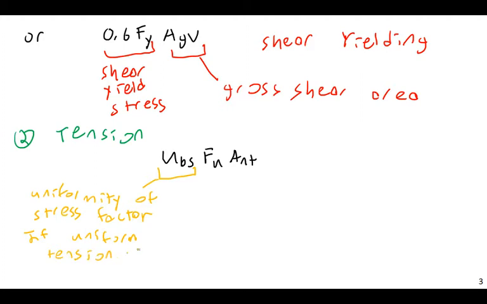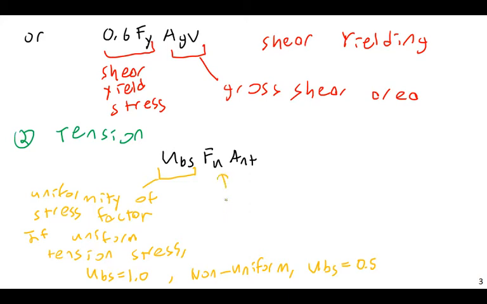If you have uniform tension stress, then UBS is equal to 1.0. For a detailed discussion on this, please see the commentary. However, if it's non-uniform, we will use 0.5. UBS is 0.5.